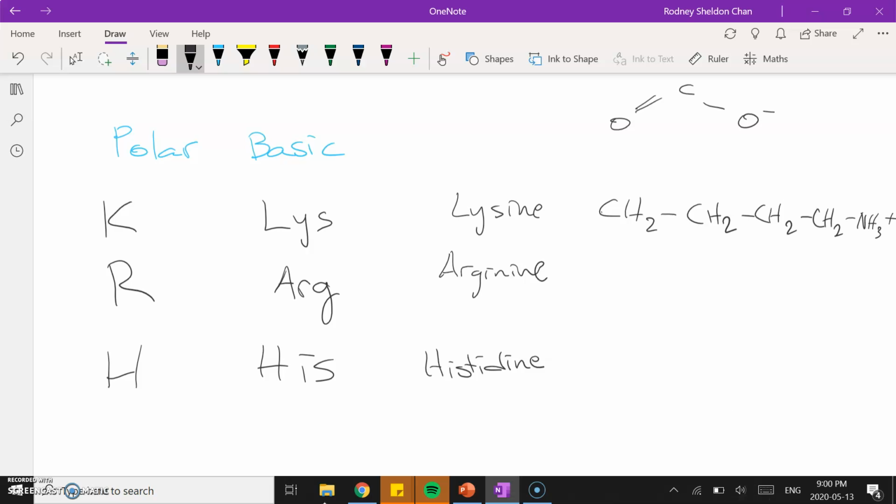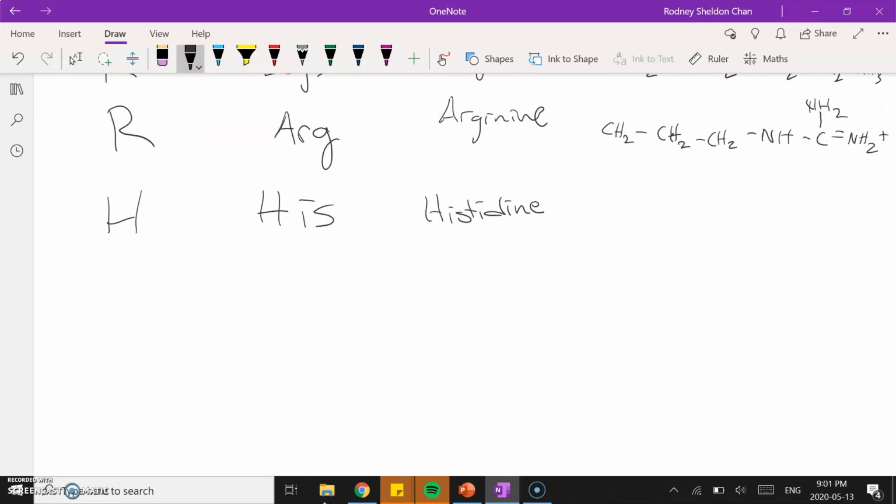Arginine is more complicated. CH2, CH2, CH2, NH, C, NH, double bonded NH2 plus, and then up here is another NH2. So it's the one with all the amines attached to the carbon, all the nitrogens.